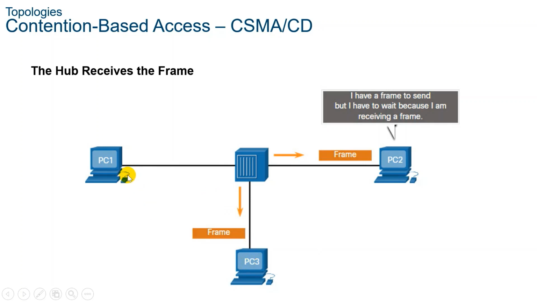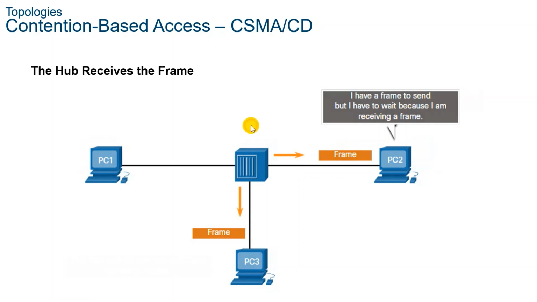The data should be forwarded to PC3, but the hub will forward it to all the computers connected on the hub. So if another device such as PC2 wants to transmit but is currently receiving a frame, it has to wait until the channel is clear.